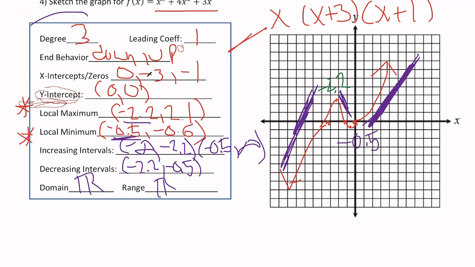One tip: if you have an odd degree function, you're going to have all real numbers for your domain and range. If it's an even degree, your domain will be all real numbers, but for your range you'll have to think about it a little more. But I'm pretty sure the one on your test is also cubic, so honestly, the domain and range shouldn't be too much of an issue on the test.